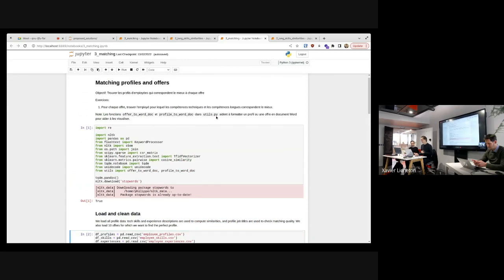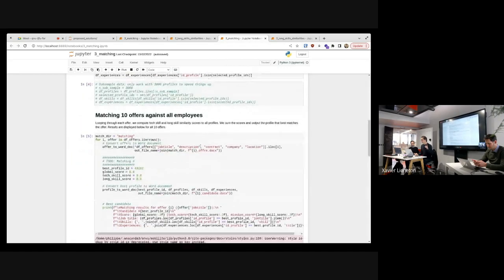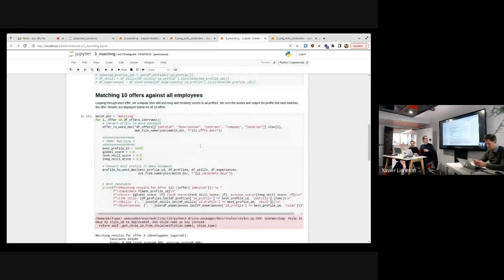Okay. So we prepared some code in this notebook that does the whole loading and heavy lifting for you. The only part you have to fill in is this to-do matching. That's a placeholder where, for example, my algorithm should take this offer in, and it should say the best profile ID is number 49,000.